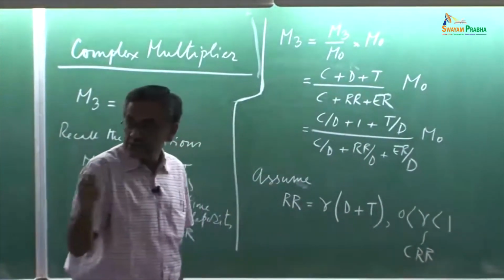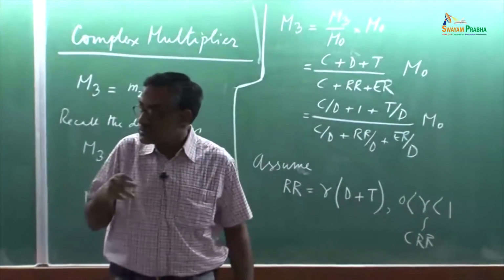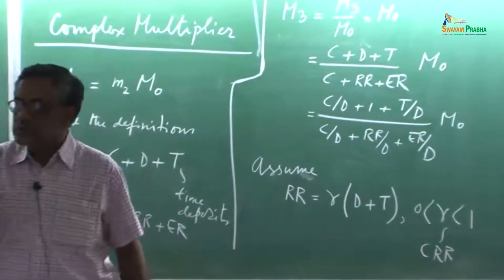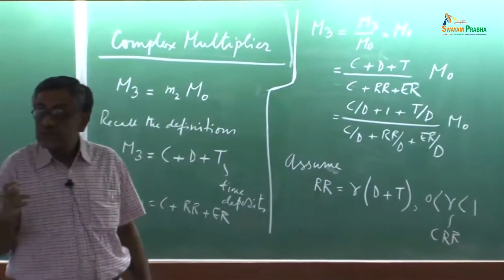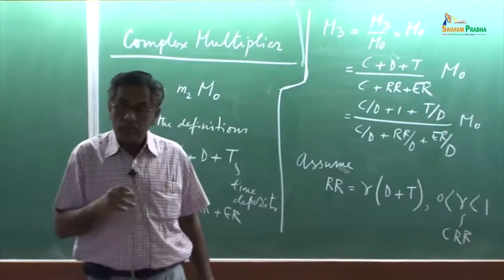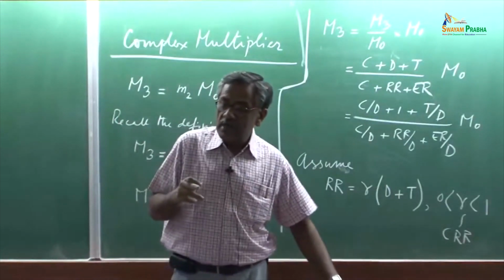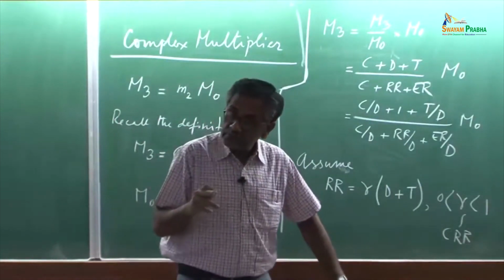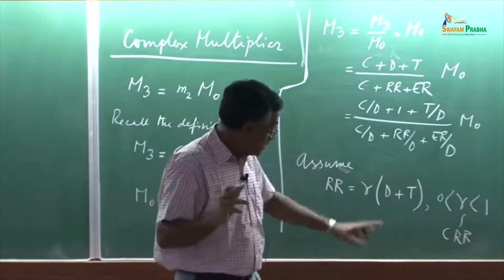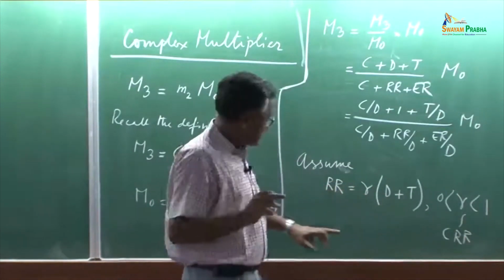CRR is not just out of savings accounts. That's a simplified CRR. This is the actual CRR. The money comes from both demand deposit accounts and time deposit accounts. Both accounts are taken for CRR money. So, this is the real CRR.